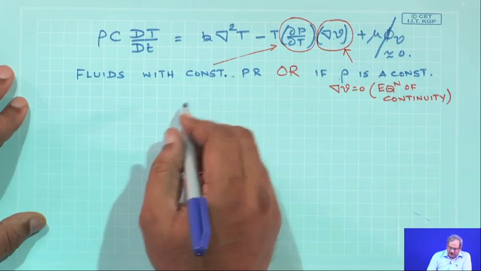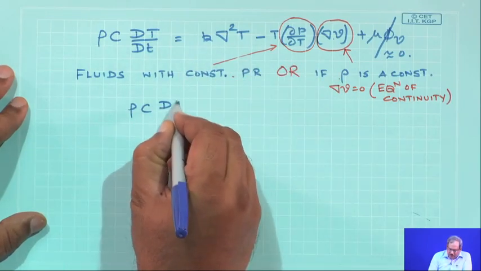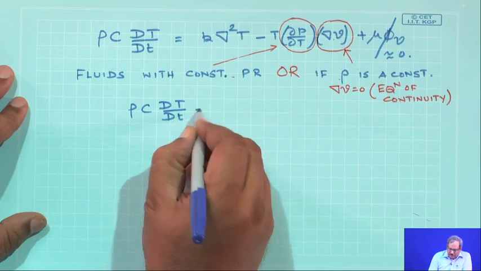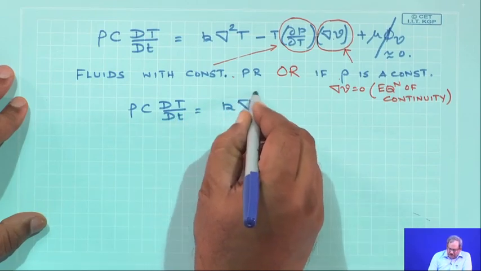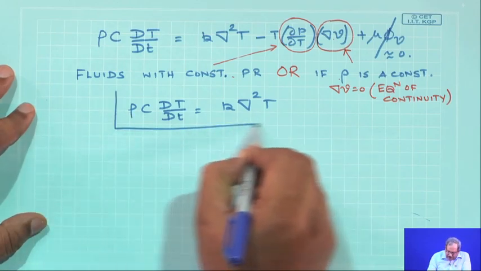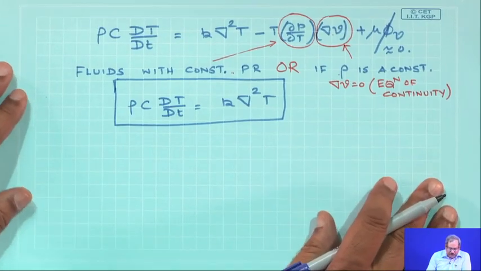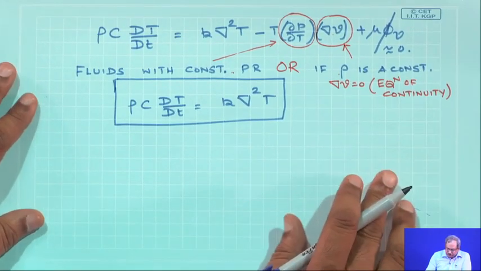If we use any of these conditions, then the equation would be, this is the form of the energy equation which is mostly used for convection as well as conduction.